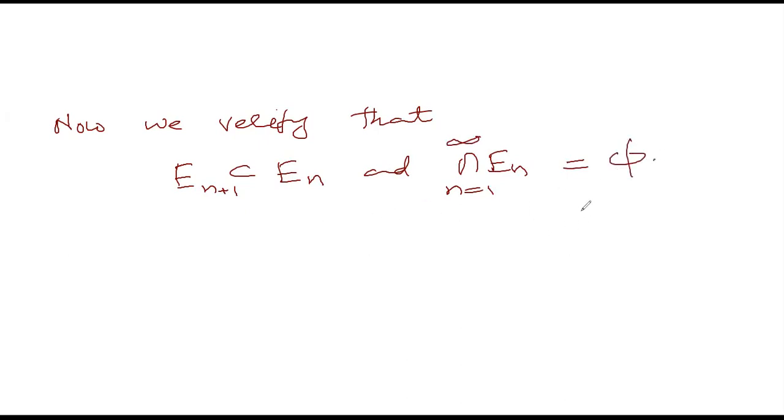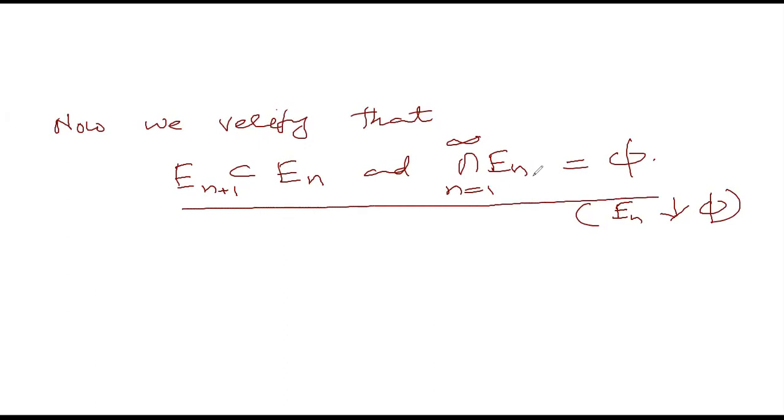So I need to show that E_n decreases to the empty set. Decreasing to the empty set means I need to show that it's a decreasing sequence and the intersection is the null set.